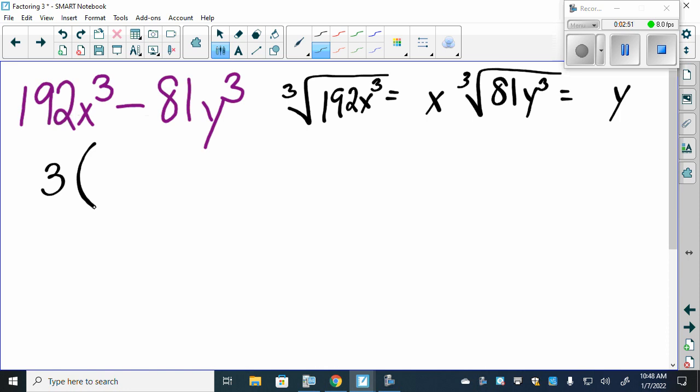Now, if we divide 192 by 3, we get 64. 81 divided by 3 is 27.